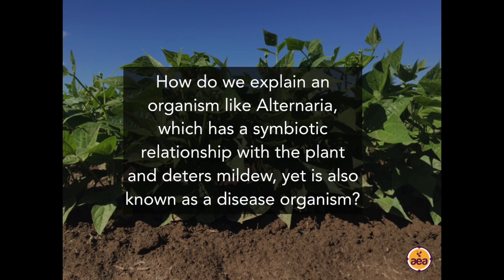So with that, looking at something like Alternaria, for example, where Alternaria on a tomato leaf is beneficial. It has a symbiotic relationship with the tomato plant. And my understanding is that Alternaria is, in fact, a very strong antagonist against mildews, which is why tomatoes are not as susceptible to mildews as maybe cucurbits are.